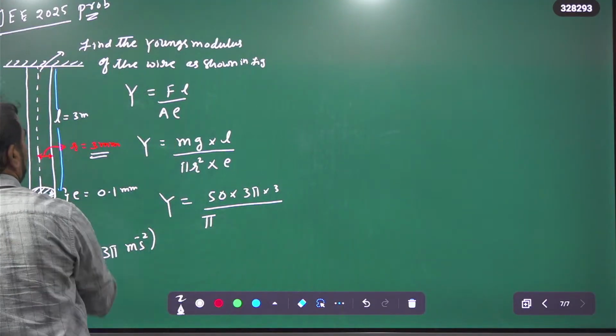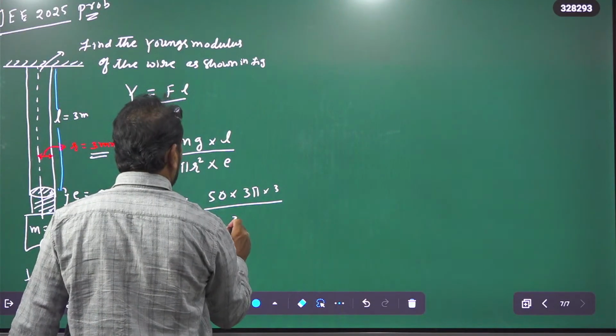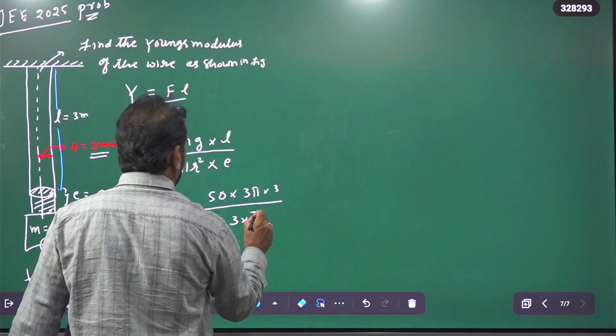R is 3 millimeters, that is 3 into 10 to the power of minus 3 meters.